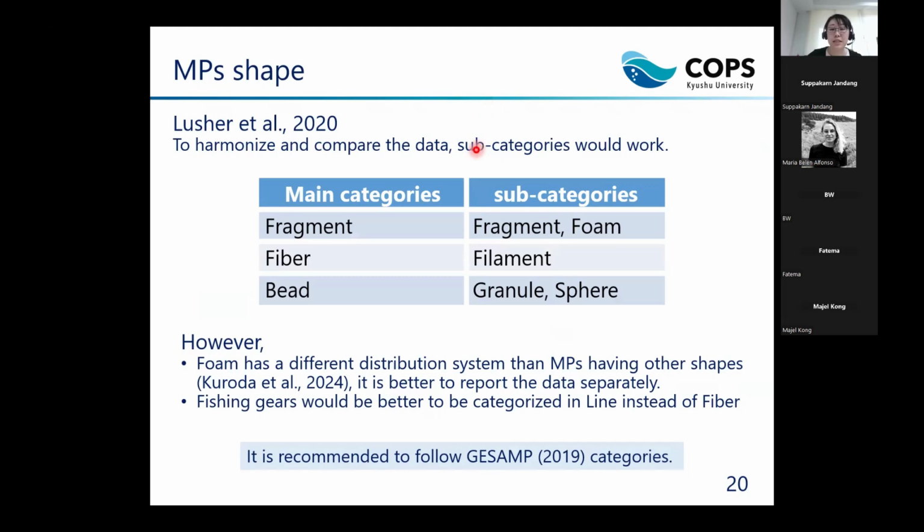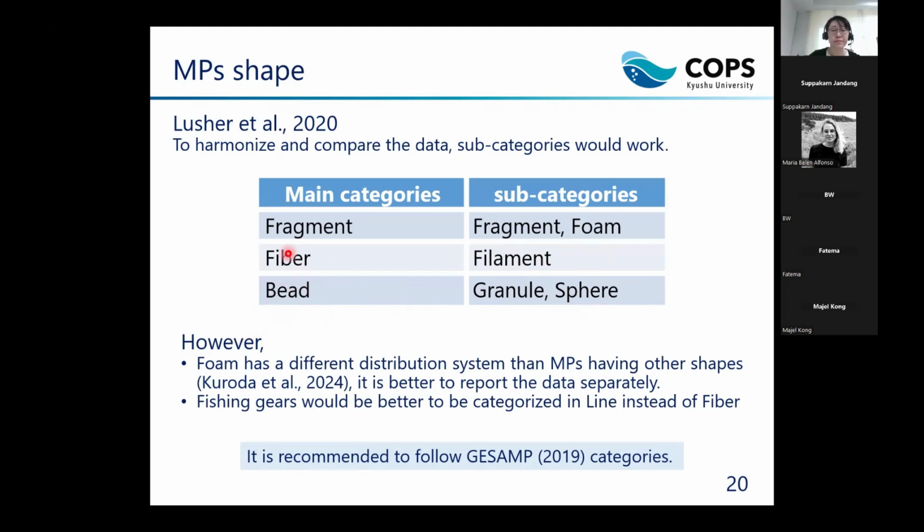In the case of fragment in the main categories, it has subcategories of fragment and foam. Fiber has filament and fiber. And beads include granule and sphere. Here, for beads, I recommend using pellet instead.